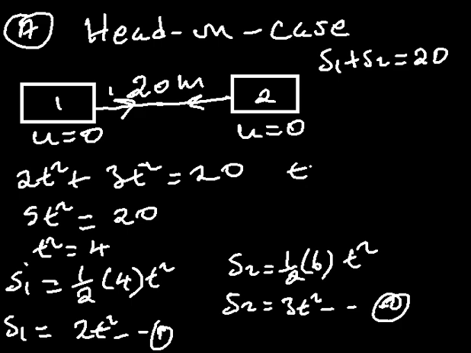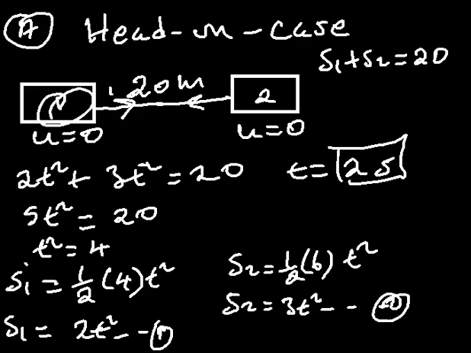Therefore, the time taken is 2 seconds. Which means each object has to travel for 2 seconds before they meet at some point within the space. This is the time it takes for object 1 to meet object 2, and also for object 2 to meet object 1. So keep that in mind.